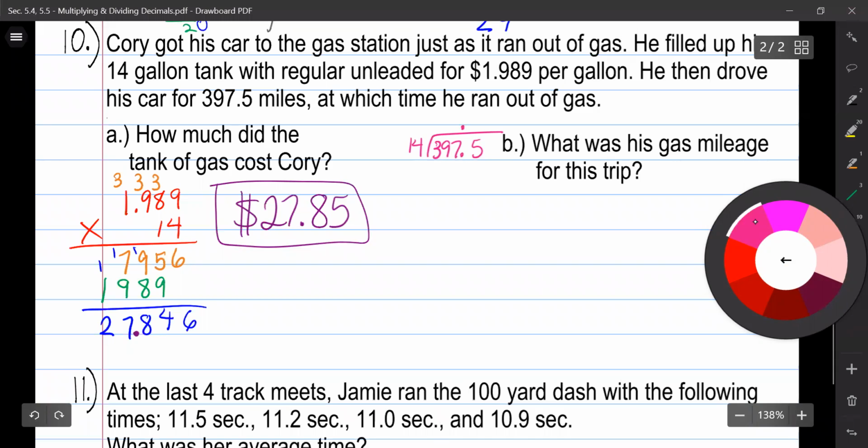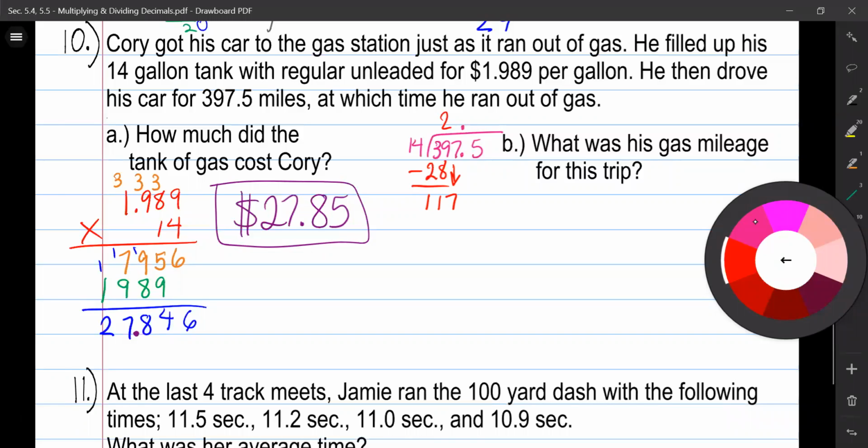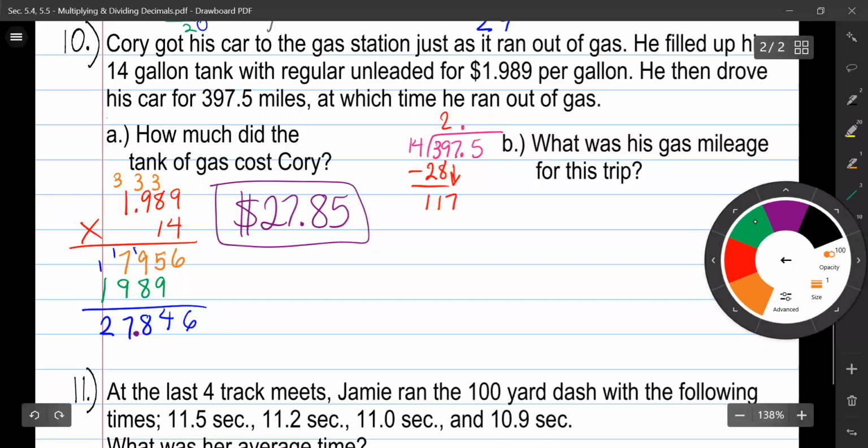So 14 would go into 39 2 times. 2 times 14 is 28. 39 minus 28 would be 11, and then bring down the 7. So 14 goes into 117 how many times? Maybe 6?